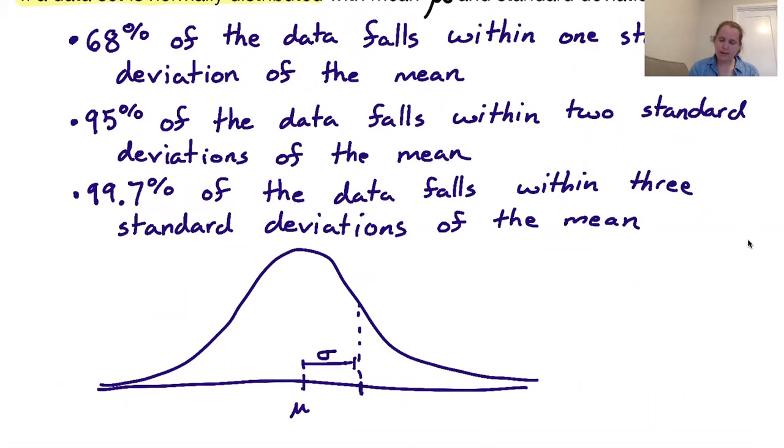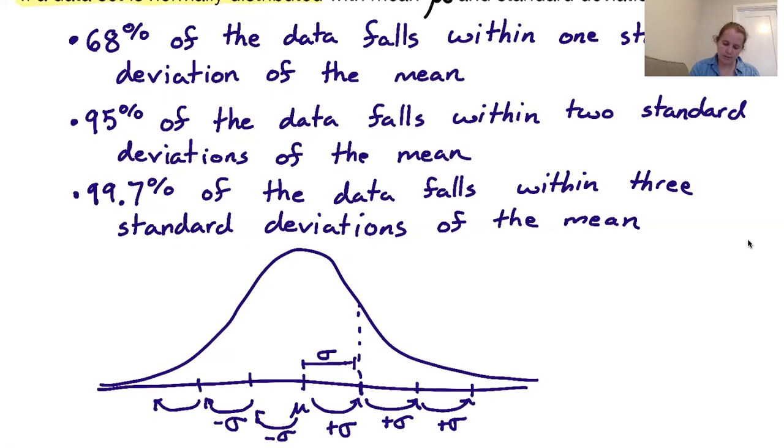I'm now going to just count by standard deviations. So here's going up one standard deviation. Here's a second and a third. And then we can do the same going backwards. Minus a standard deviation, minus another standard deviation, and minus another standard deviation.